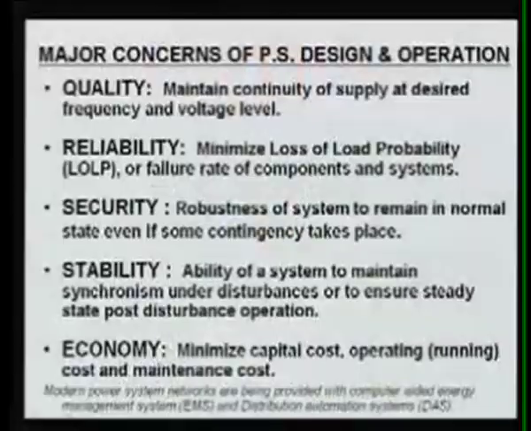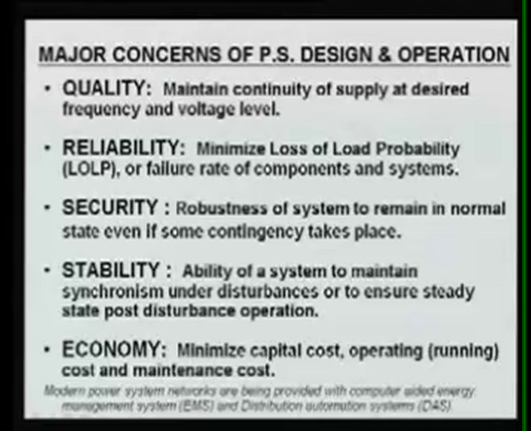Reliability of a power system is related to minimizing the loss of load probability, called LOLP, or the failure rate of components and the system. We have to design our power system so that the elements have the least probability of failure, meaning minimum equipment damage or equipment failure in the system.